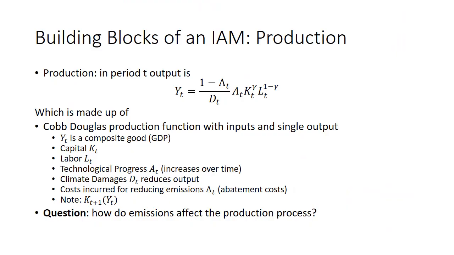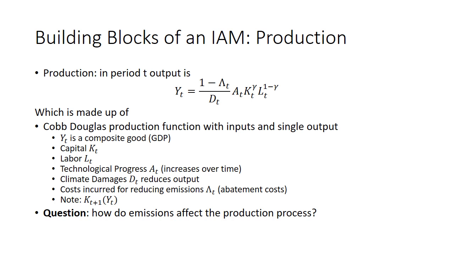Production. Production in period T, output, is given by the following equation, YT, which is the composite good or GDP. It's a function of 1 minus lambda, where lambda is the abatement costs, over damages, DT, in period T. So all the T subscripts are the time periods, multiplied by AT, which is the technological progress in the current period.